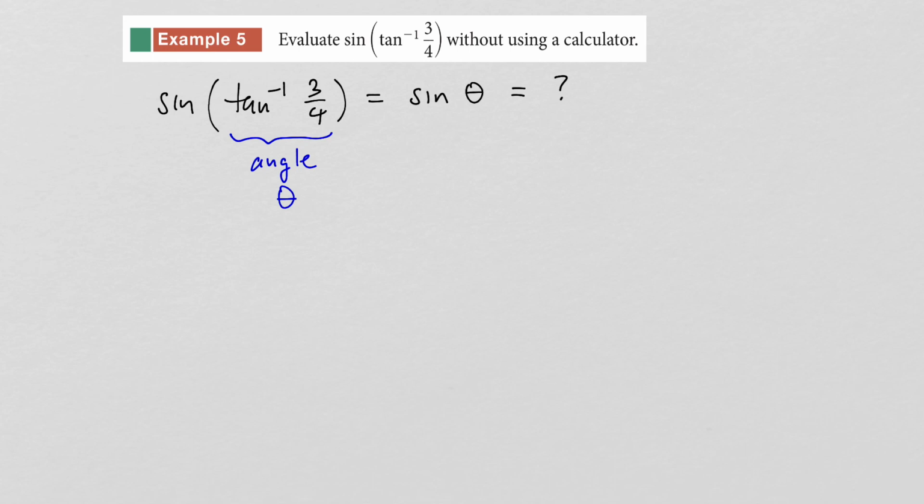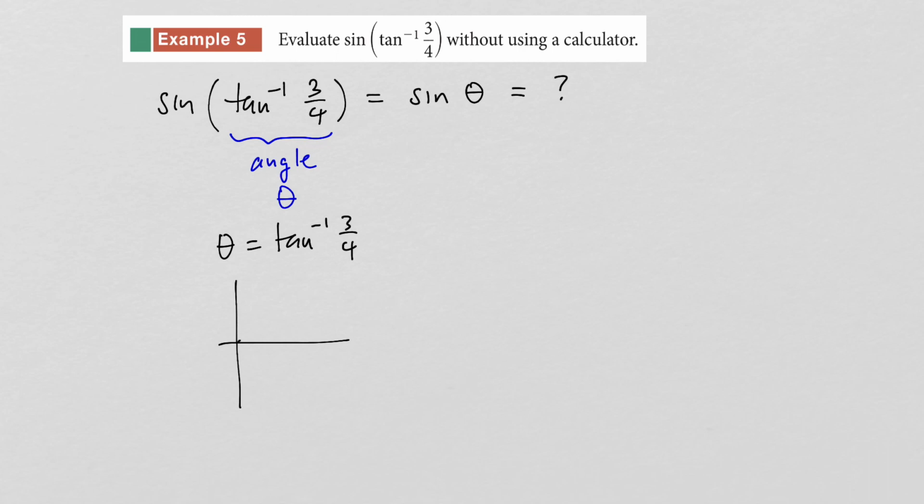Well, what we need is a picture of theta. So if I'm saying that this is theta, then what I'm saying is theta equals inverse tangent of 3/4. And we know that theta has to be an angle between pi over 2 and negative pi over 2 because of the inverse tangent definition.